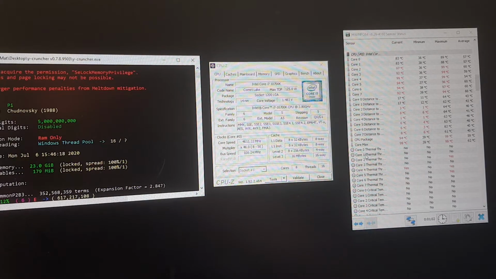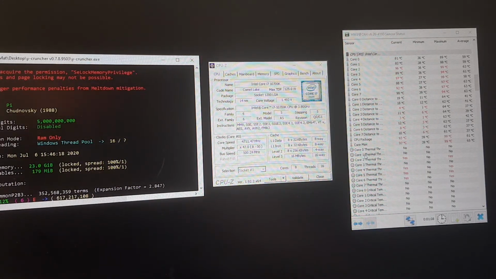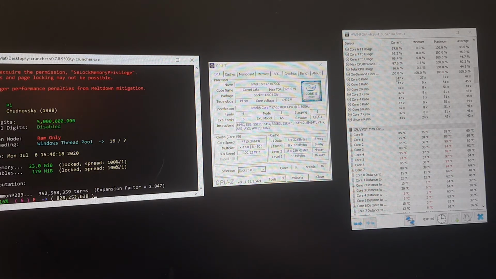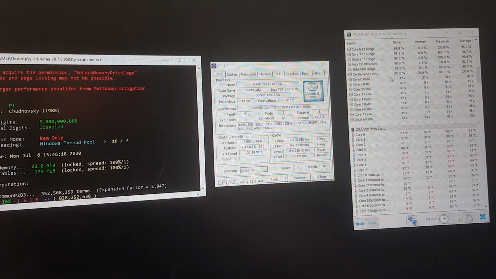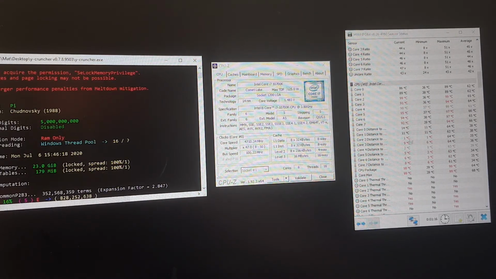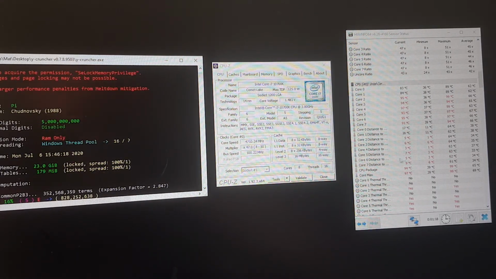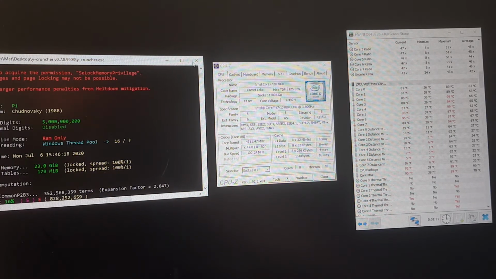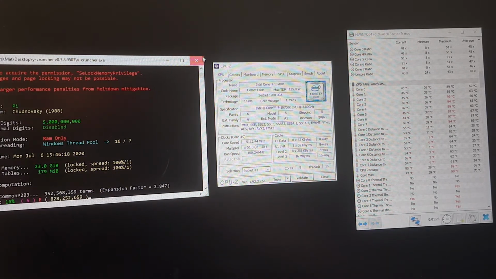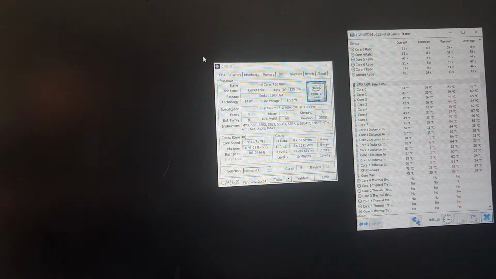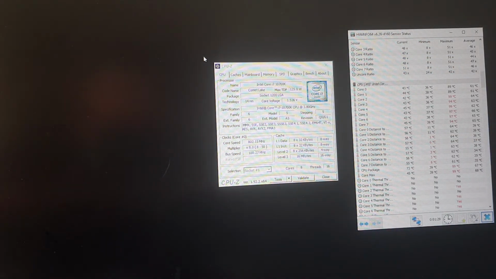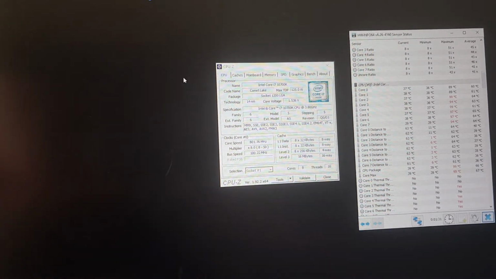Trying to overclock this CPU, changing the all-core ratio to 4.8 or 5 gigahertz, and changing the CPU cache ratio is almost killing this CPU. I'm saying it because that's how it goes. 1.537 volts. This is bad.